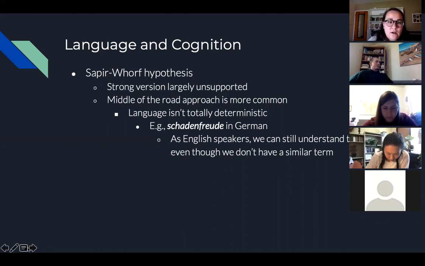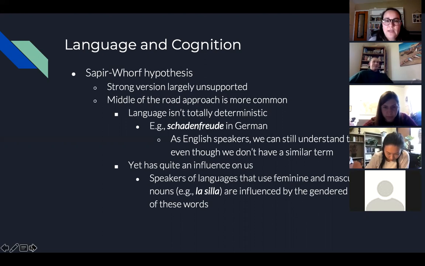However, on the other hand, even though language isn't completely deterministic, it still can have quite an influence on the way that we think about things. There have been studies done with speakers of languages that use feminine and masculine nouns.